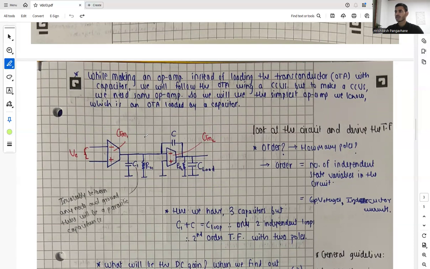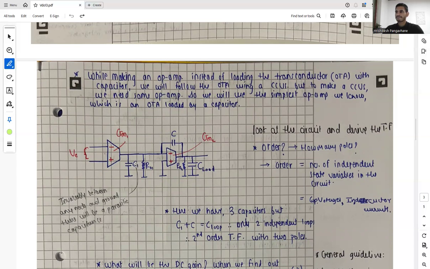So let's consider this circuit, and we have to look at the circuit and derive the transfer function. So let's ask a few questions to ourselves. What is the order, or how many poles does this circuit have? Basically, order is nothing but the number of independent state variables in the circuit, or basically capacitive voltages or inductive currents. So here there is no inductor, so there are no inductive currents, but we do have capacitive voltages.